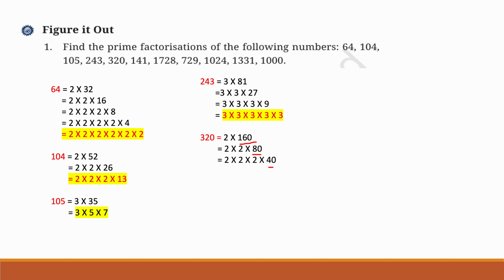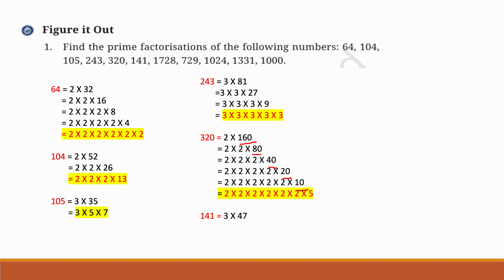Again, 40 is a composite number, so we can rewrite it as 2 into 20. Again, 20 is a composite number, so we can rewrite it as 2 into 10. Again, 10 is a composite number, so we can rewrite it as 2 into 5. Now, all factors are prime. See, 2 into 2 into 2 into 2 into 2 into 2 into 5.